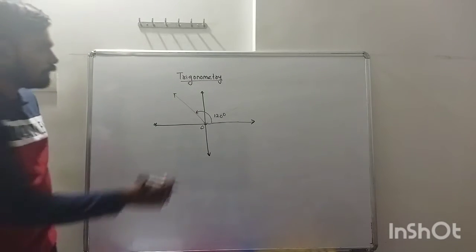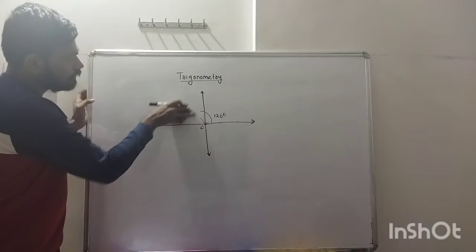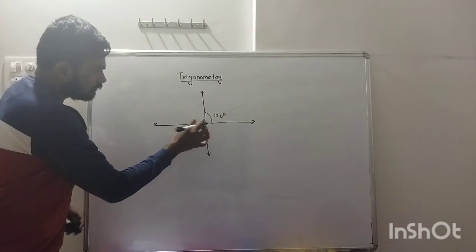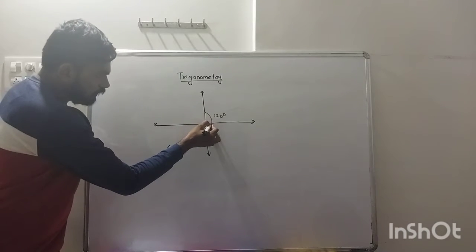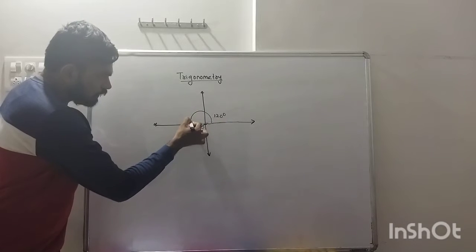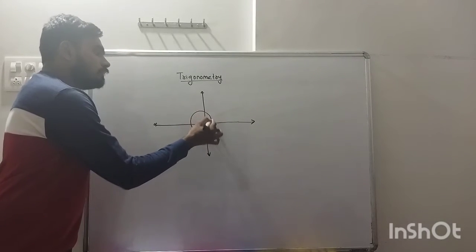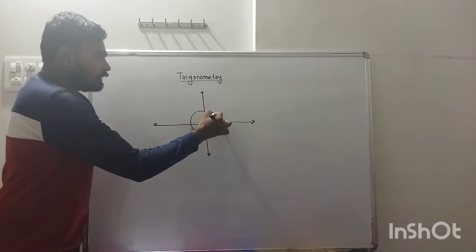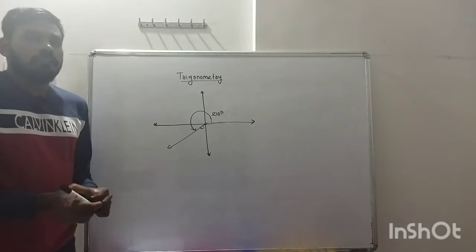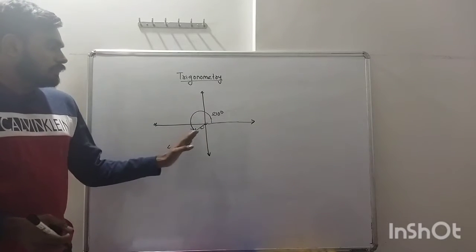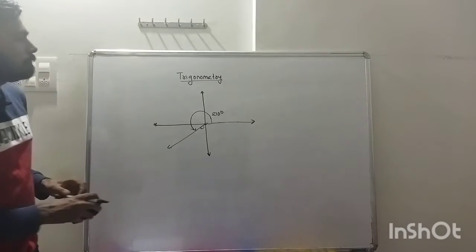Understood? If I rotate it more, for example here, we are rotating this way, so this becomes more than 180, so we'll imagine it as 210 degrees or so. So we show angles like this on the coordinate axis.